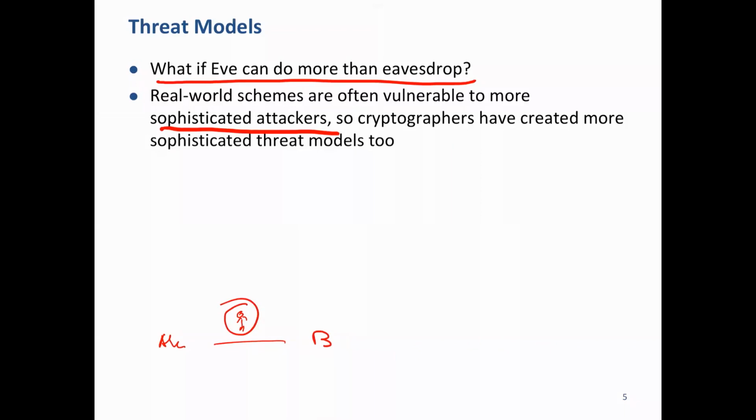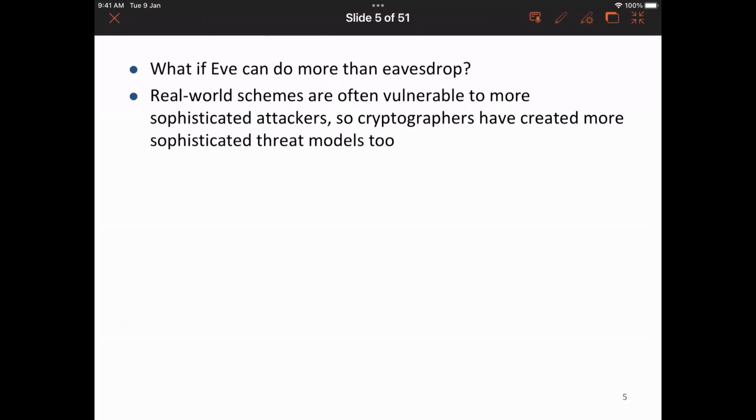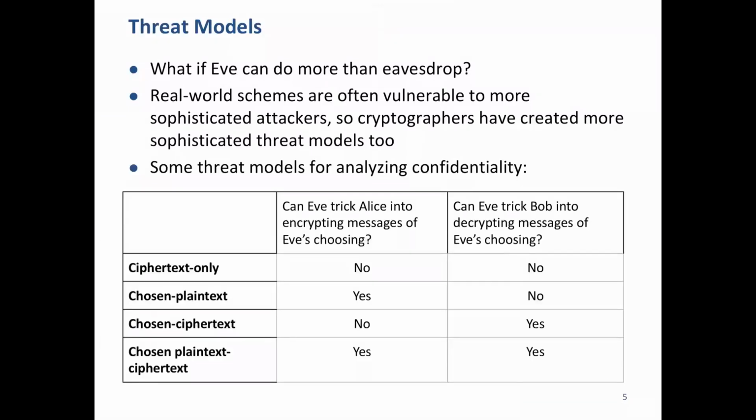So the threat model has to extend. It cannot assume that only Eve exists. So the cryptographers have come up with some threat models, and these will be used to analyze confidentiality.